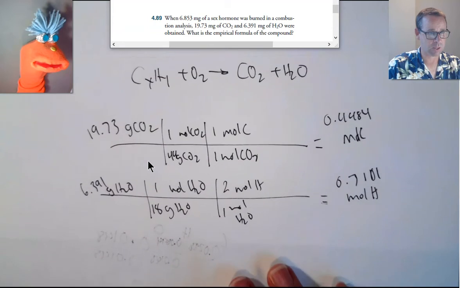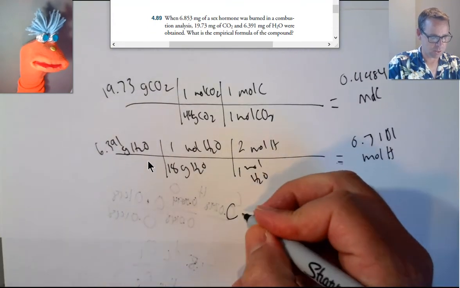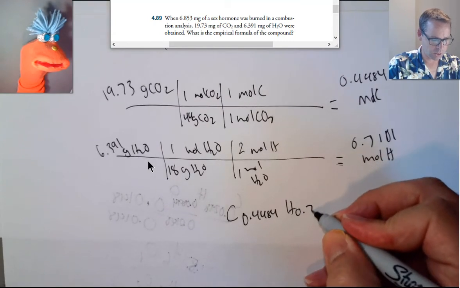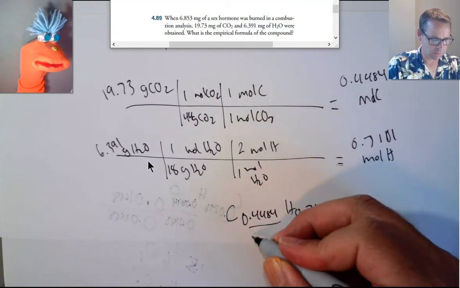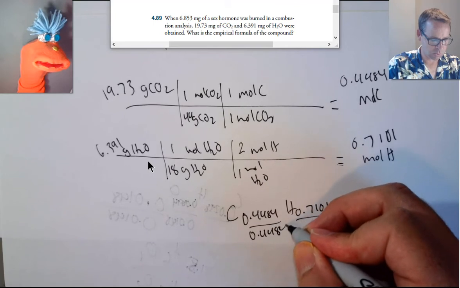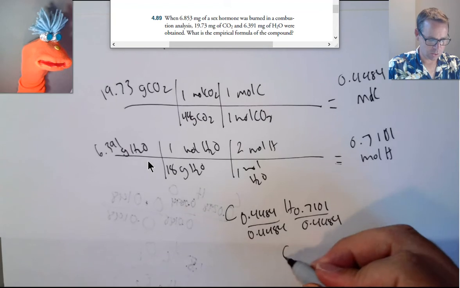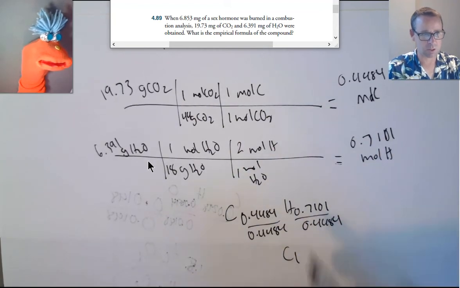So essentially what we've identified now is that we have C 0.4484 and H 0.7101. And then we're going to divide both of these by the smallest one. Right? So it's C1H, what's that ratio?